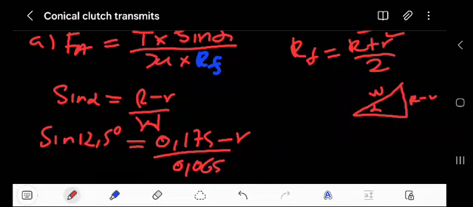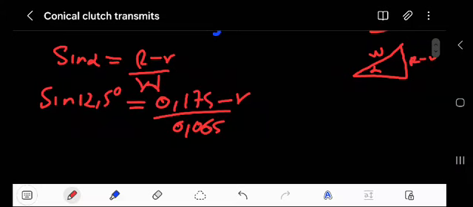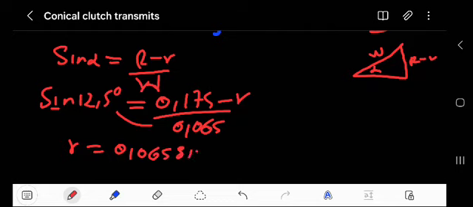Then make r the subject: you multiply there, 0.065 multiplied by sine 12.5 degrees.